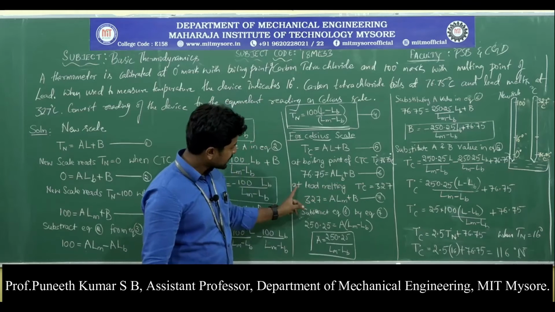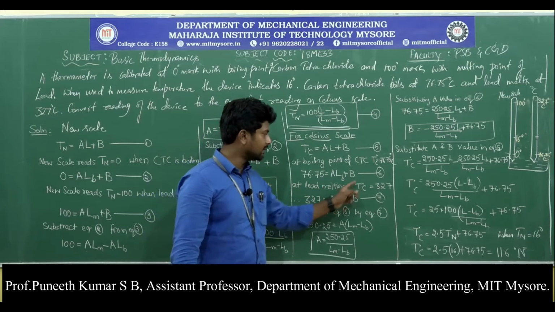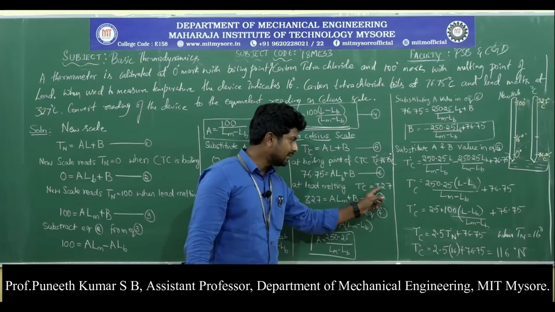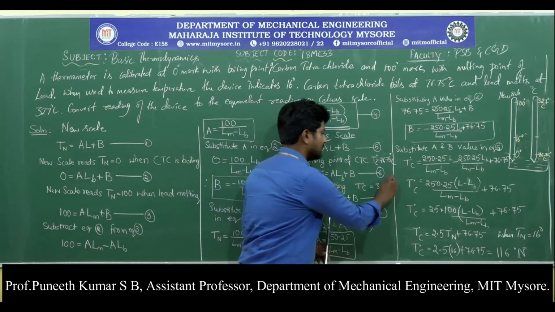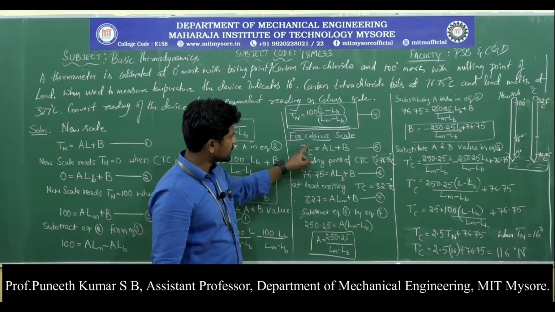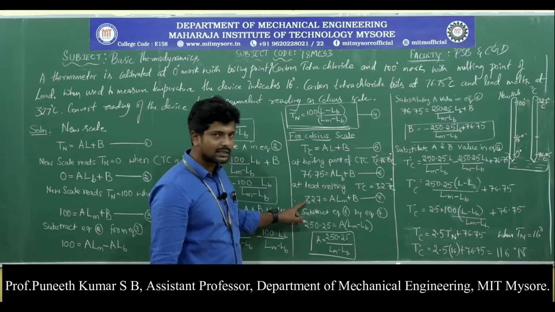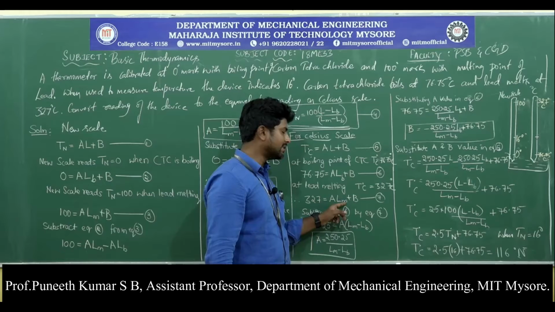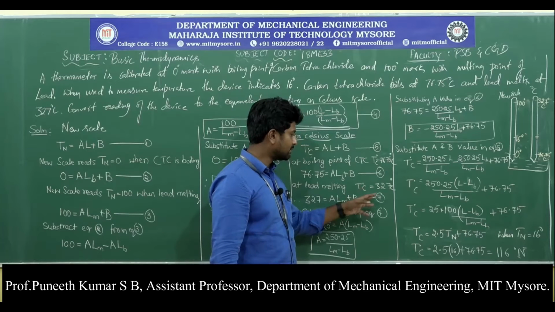In the same way, at lead melting, the question says the temperature is 327 degrees centigrade. So once again I substitute it in the above equation, that is equation 5. So that is 327 equals A LM, where M means melting point of lead, plus B.